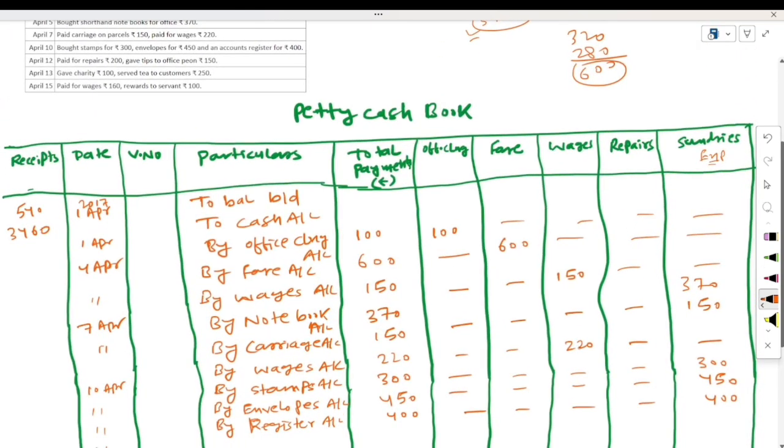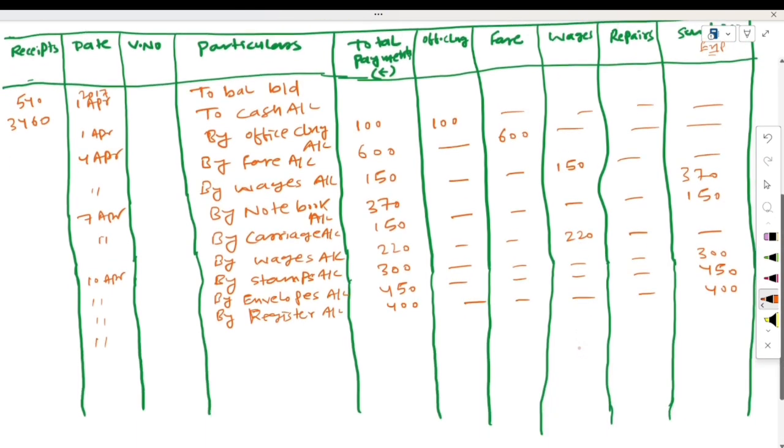Next, on 12th April, paid for repair 200 and gave trip to Pune 150. You have to write by repair account on 12th April.